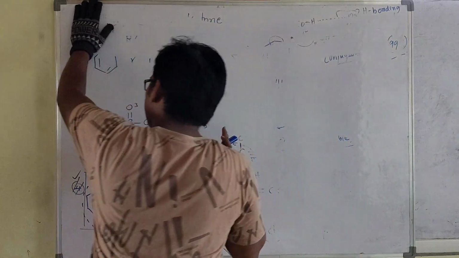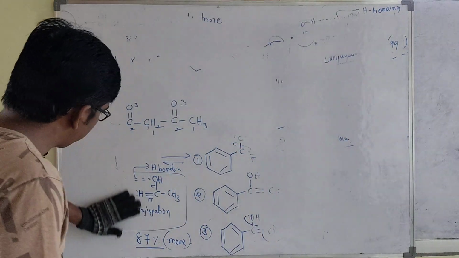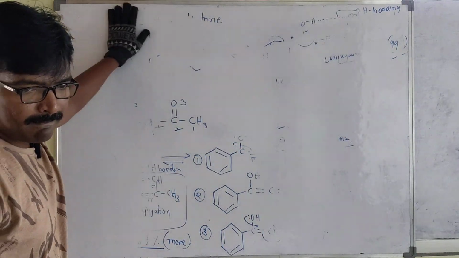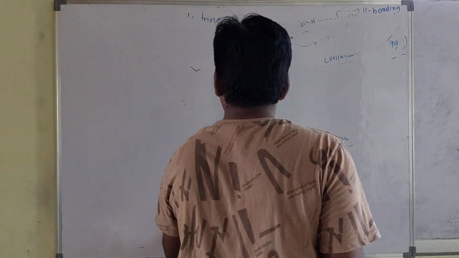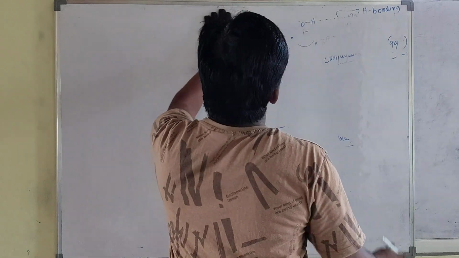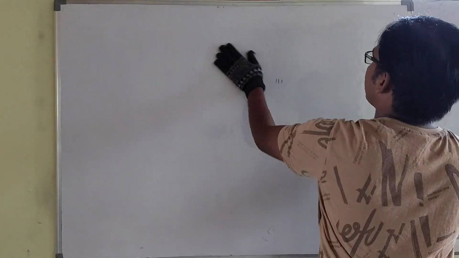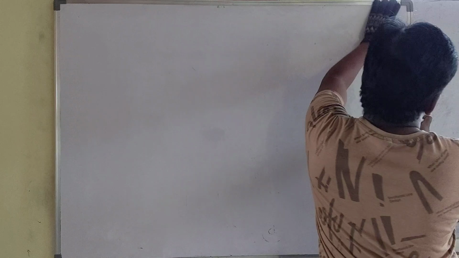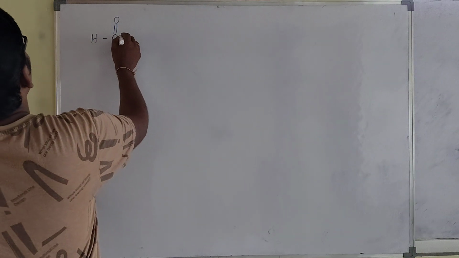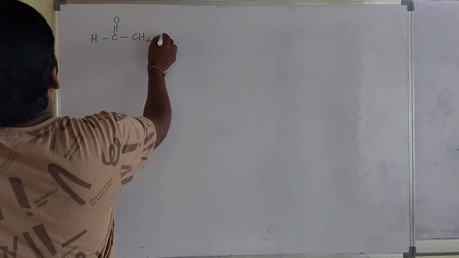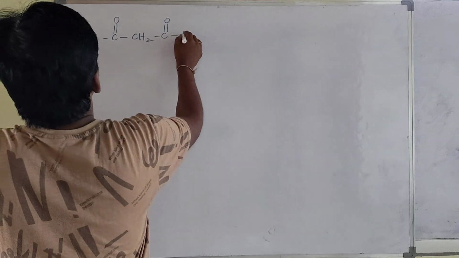Next, one more compound you have to see. One more compound, my dear students. So that is H, C double bond O, CH2, C double bond O, H, like this will be there.